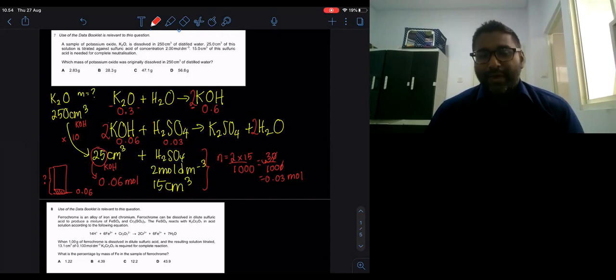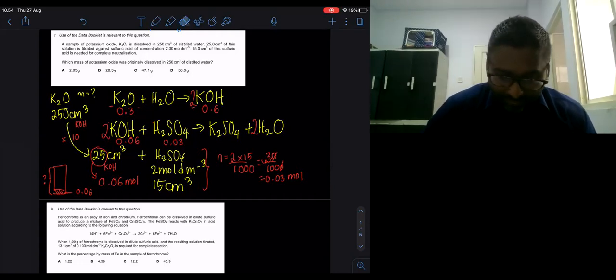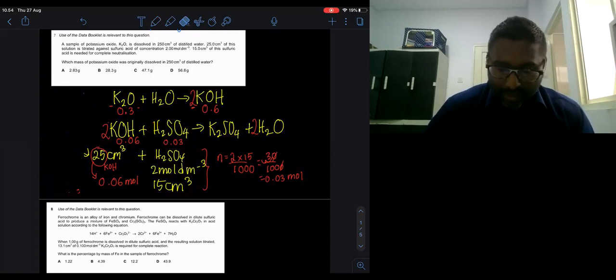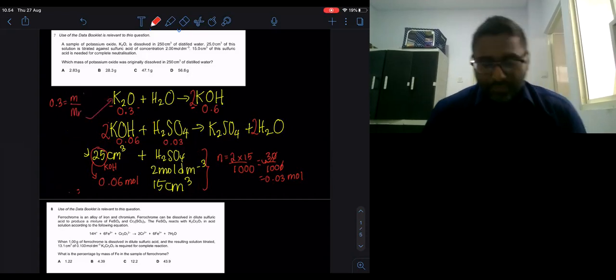So the next thing we need to do is to find the mass. Quite simple. I'll erase some parts here. What I need to do is find the number of moles. Number of moles, 0.3, equals mass over Mr. The Mr of K2O.